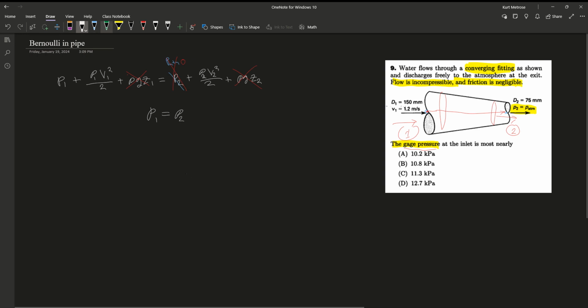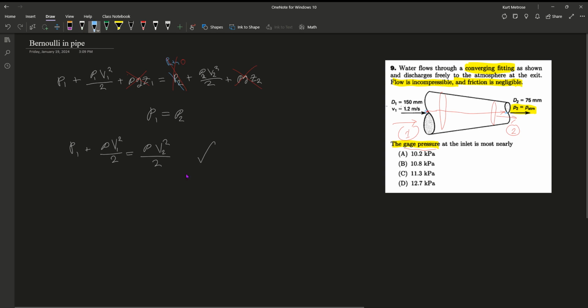So I'm going to now rewrite the whole equation into something simpler, which is P1 plus rho V1 squared over 2 is equal to rho V2 squared over 2. So that's our new equation, and this is what we want.